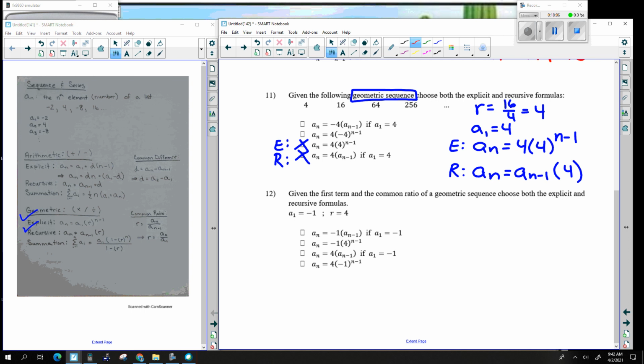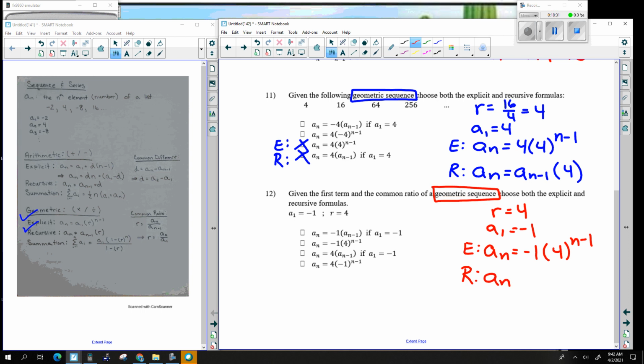Okay, find the explicit of this geometric sequence. So here we go. The ratio is 4. A1 is -1. Explicit is A1 times the ratio to the n minus 1.